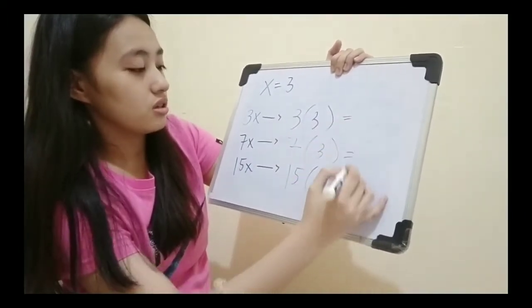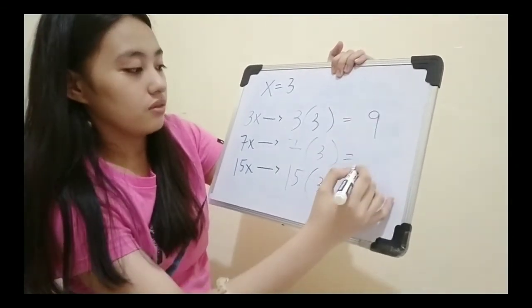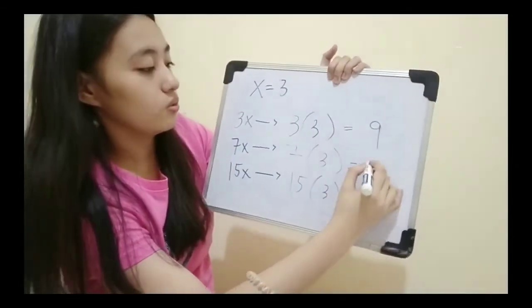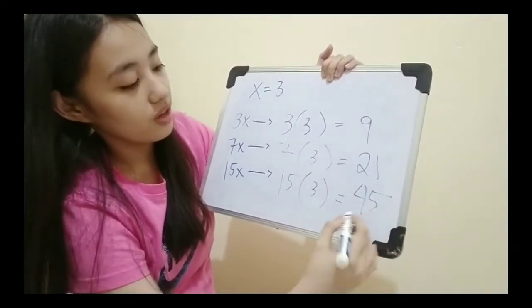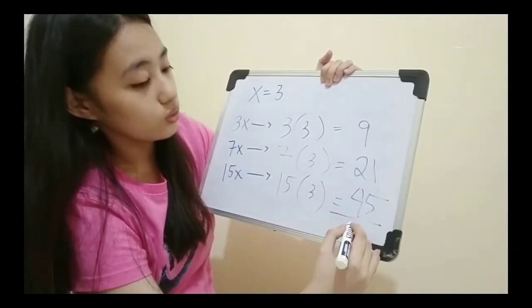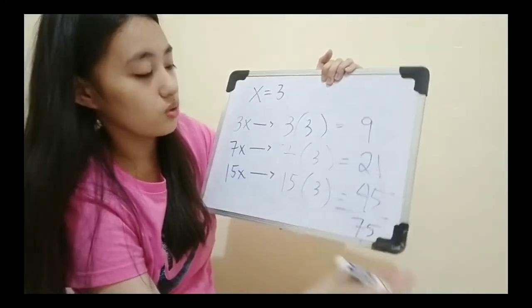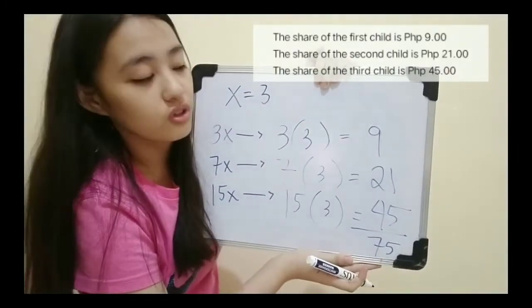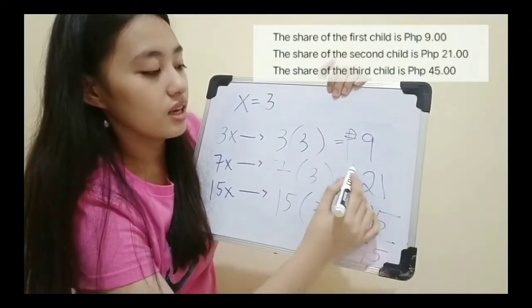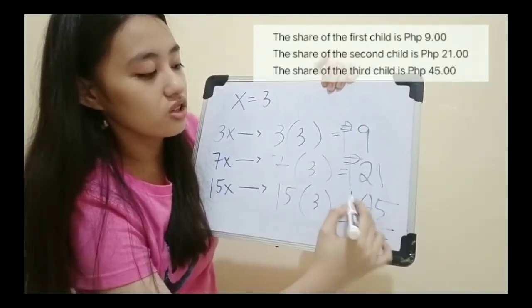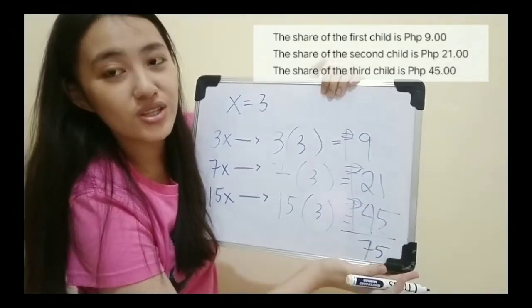So 3 times 3 is equal to 9, 7 times 3 is equal to 21, and 15 times 3 is equal to 45. And if we sum this up, it will be equal to 75. So this simply means that the share of the first child would be 9 pesos, of the second child 21 pesos, and the third child 45 pesos.